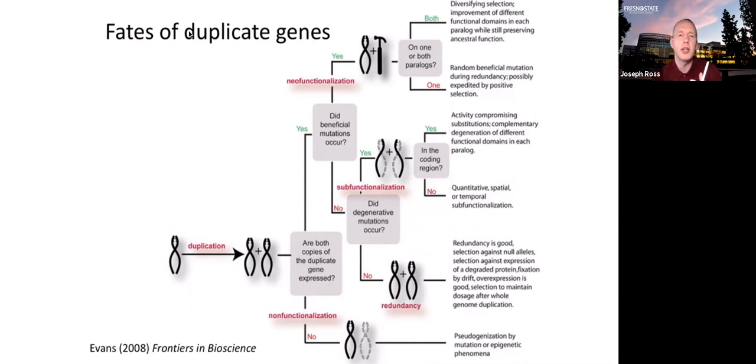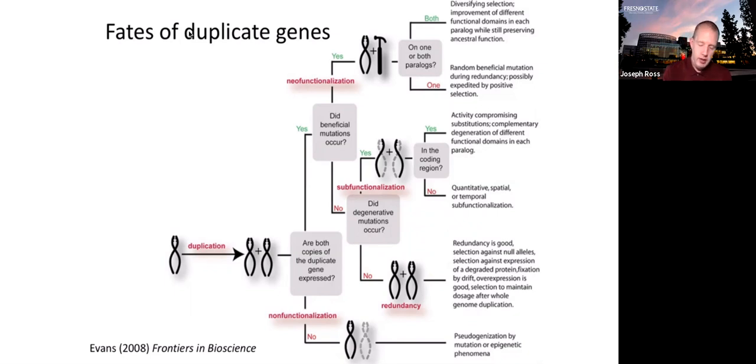If the original gene encodes a protein that has multiple different functions, if you've got two copies of this gene and it produces two proteins, you can get different sets of mutations that happen in the two different copies that let those two proteins do different sets of the same original function. Subfunctionalization.